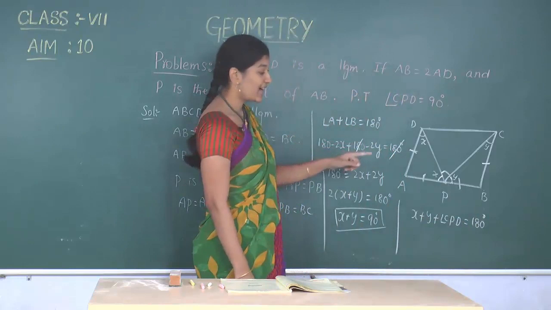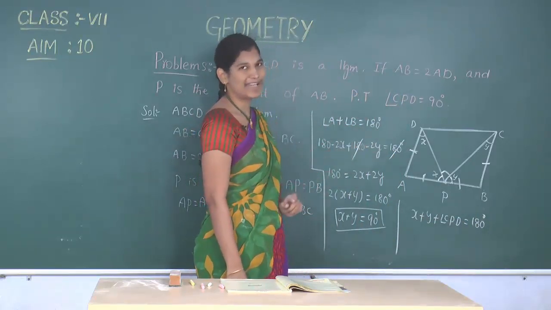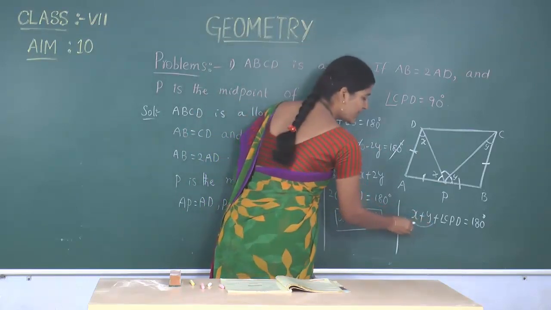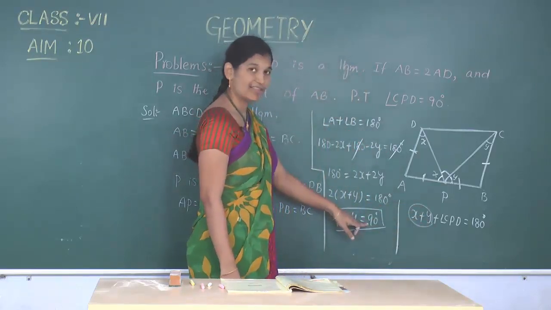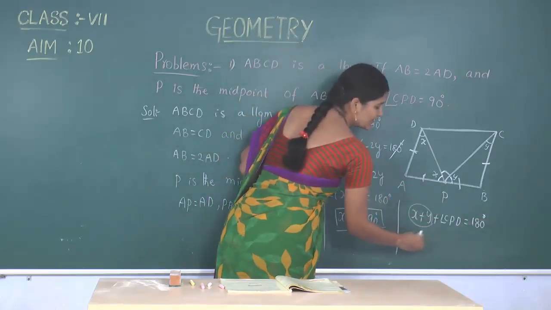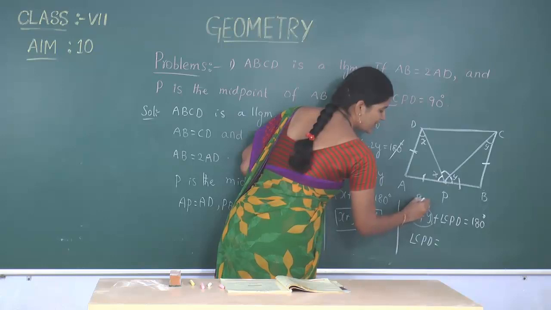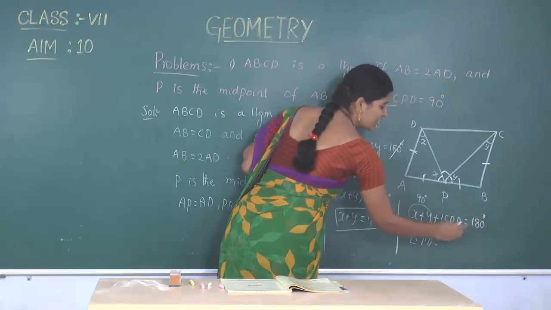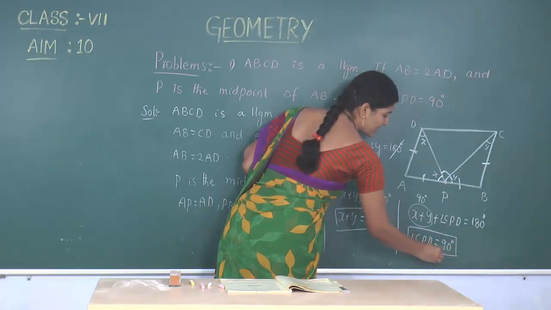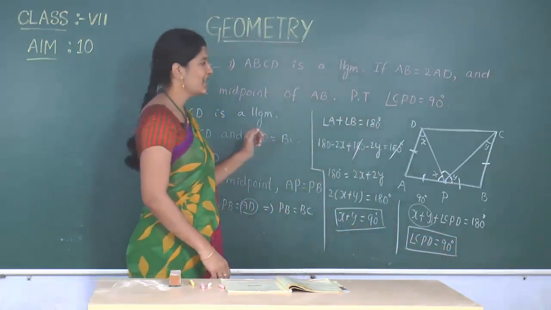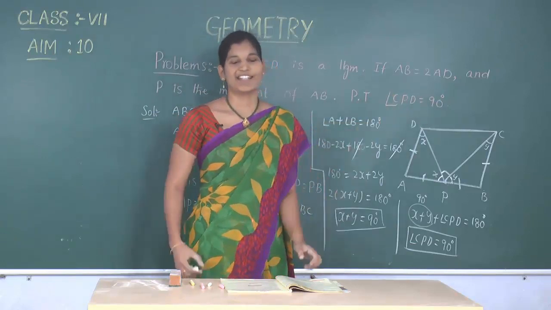Why? Because they are linear pair. Now we know the value of x plus y, that is 90 degrees. That going that side, minus 90. Angle CPD is equal to 180 minus 90 degrees, which will give 90 degrees. That only now we have to prove, angle CPD is equal to 90 degrees.